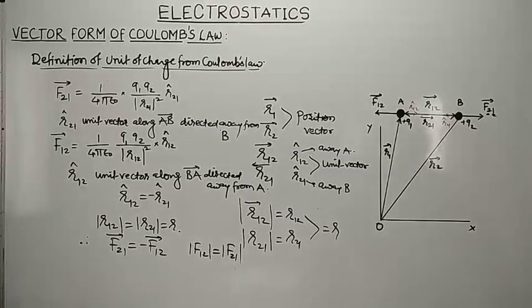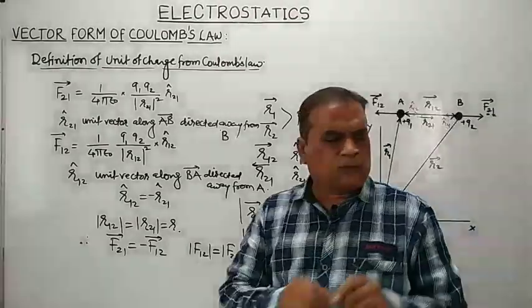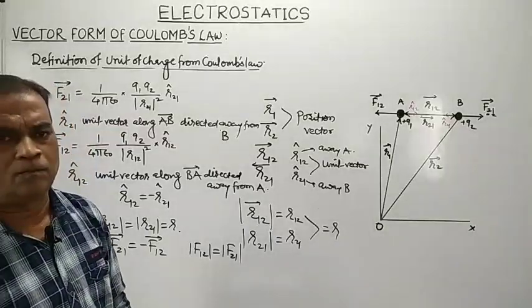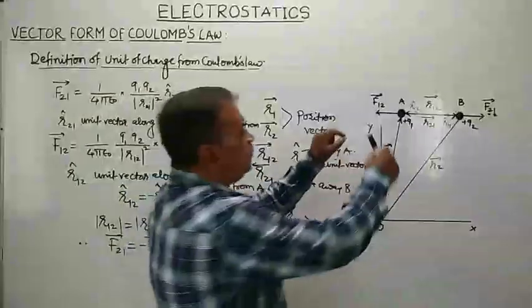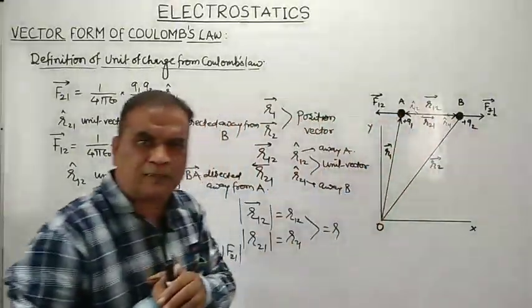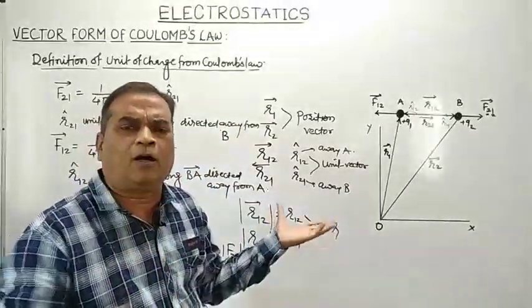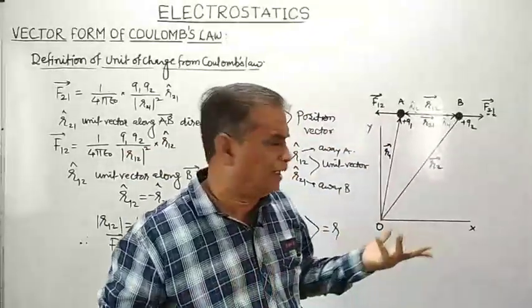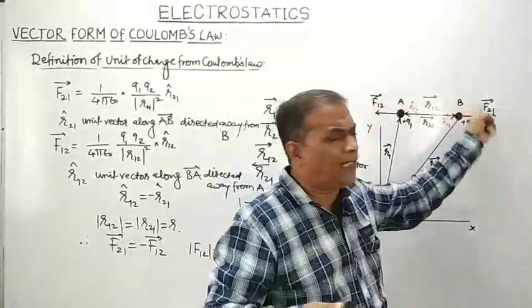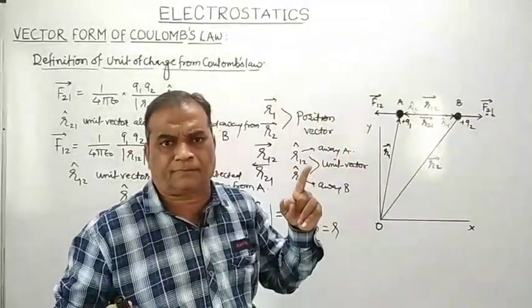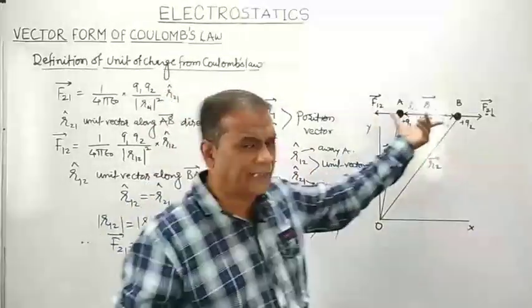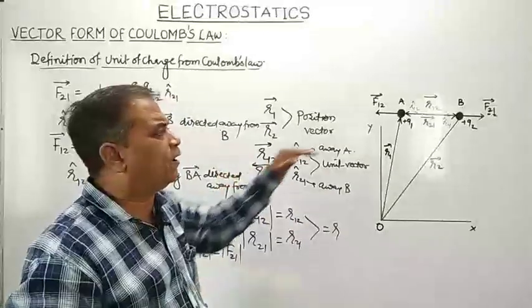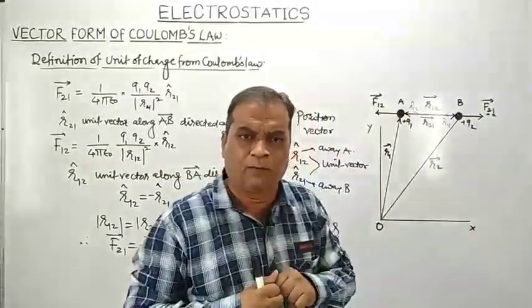So we can conclude that when two point charges are kept in free space or vacuum, the forces exerted by each of them on one another are equal in magnitude but opposite in direction. In other words, F12 and F21 are equal in magnitude but opposite in direction, and they act along the line joining the given two charges.